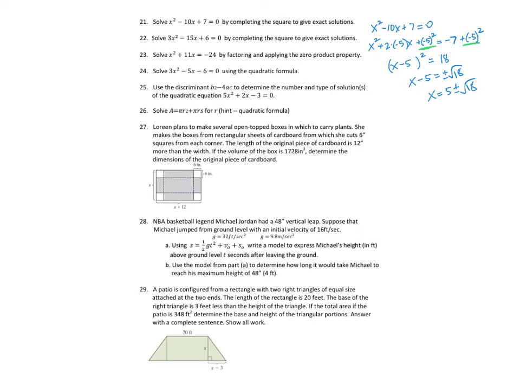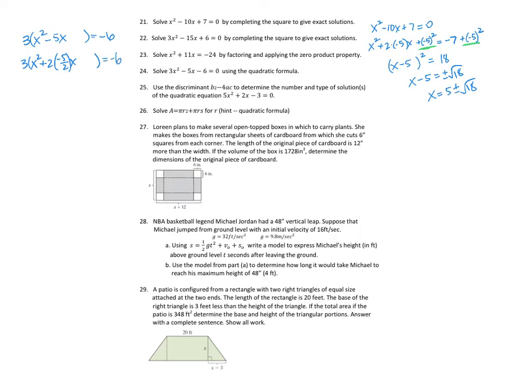So I'm going to start by pulling a 3 out of the first two terms. And I'll go ahead and subtract the 6 over to the other side. And so to make this a little bit more clear, I'll do 3x squared plus 2 times negative 5 halves x.